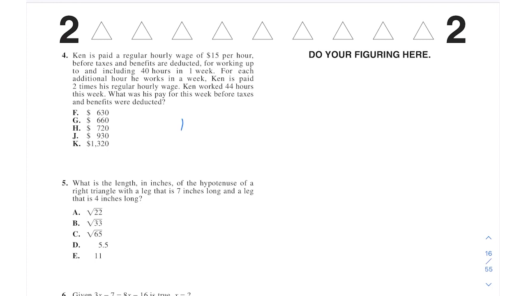Okay, so it's 15 per hour for the first 40 hours, so 15 times 40 would be 600. And then for the extra 4 hours, 2 times his regular hourly wage, which would be 4 hours at $30 an hour, so 120, so that would be 720 total.